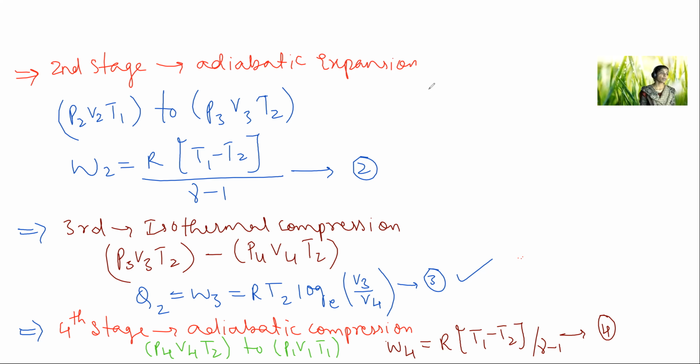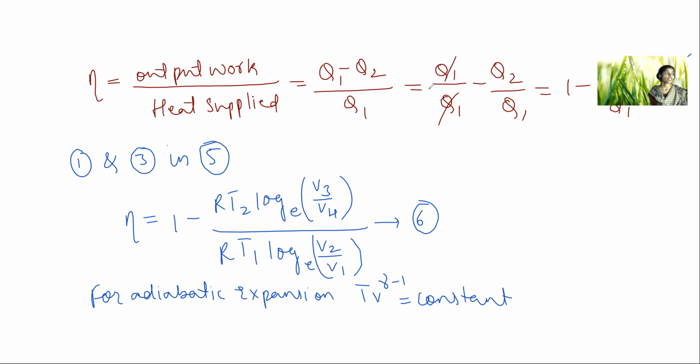The fourth stage is adiabatic compression. Work done is given by W4 is equal to R in the bracket T1 minus T2 divided by gamma minus 1. And similarly, efficiency eta is equal to output work divided by heat supplied, which is given by 1 minus Q2 divided by Q1. So substituting equation 1 and equation 3 in equation 5, eta is equal to 1 minus R into log of V3 by V4 to the base e whole divided by R T1 log of V2 by V1 to the base e. This is equation 6.